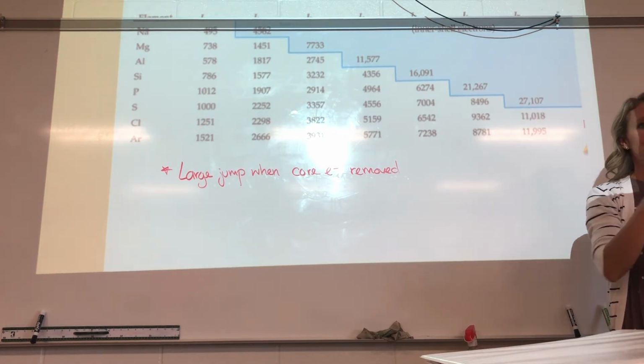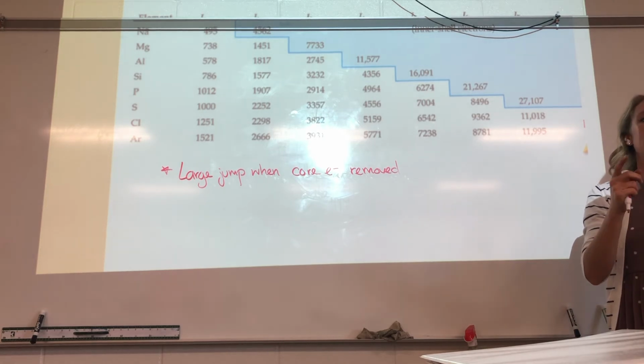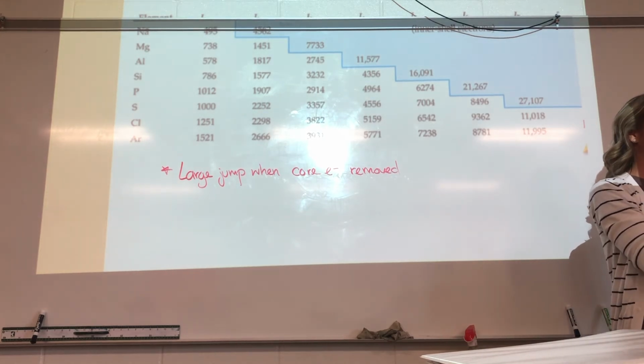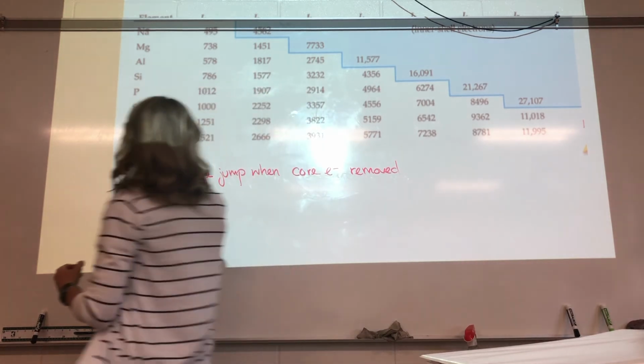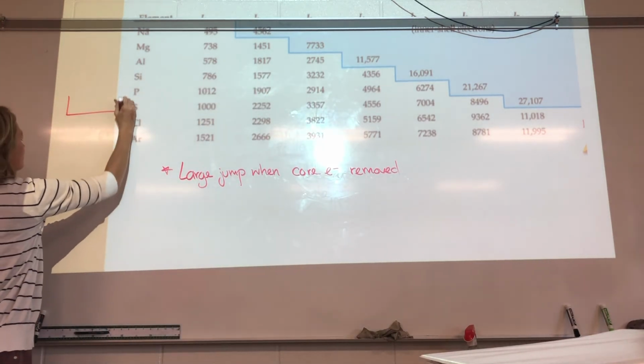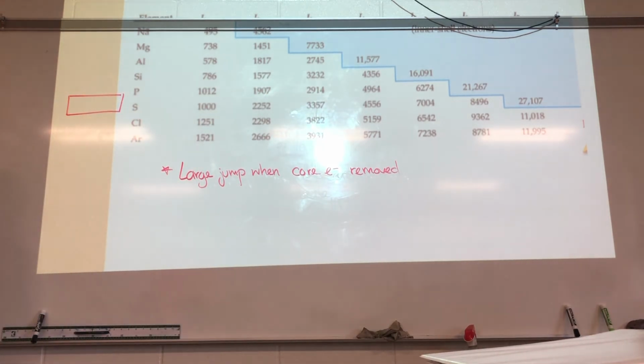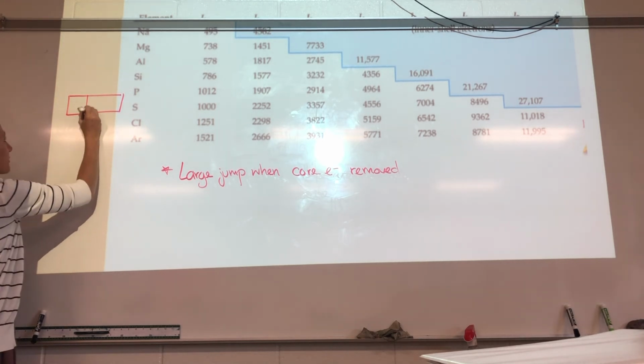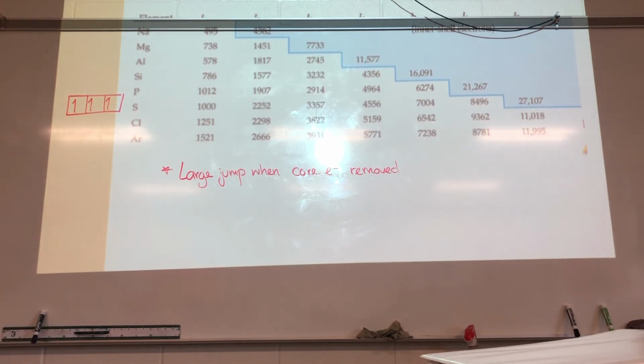To justify trend exceptions, go to their orbital diagrams. So if I have the orbital diagram here, and only when you draw orbital diagrams for trends, just focus at the end. You don't need all the stuff that's filled, right? So for phosphorus, it's not full, but what do we call it?